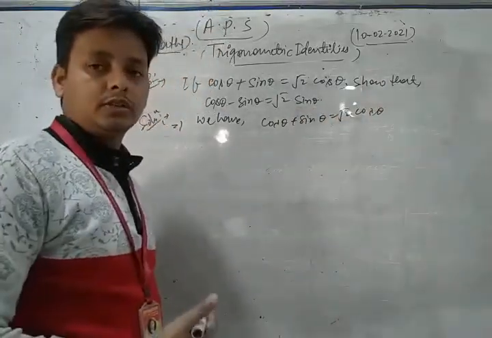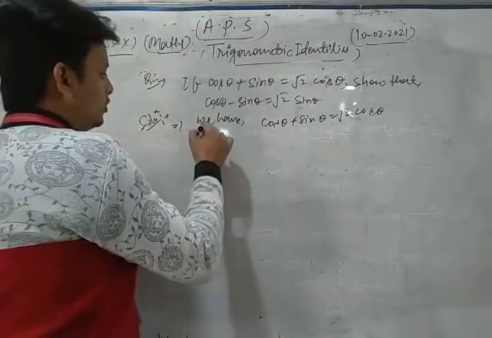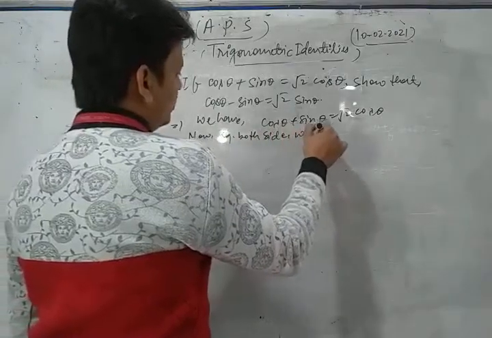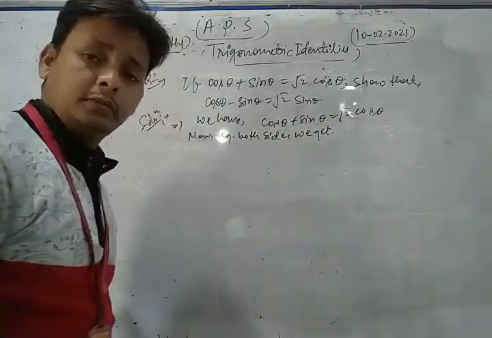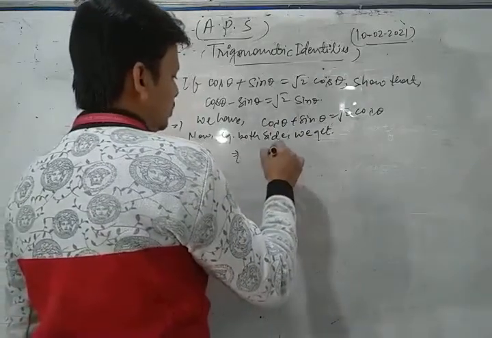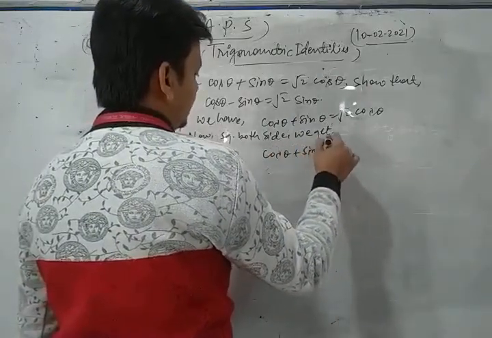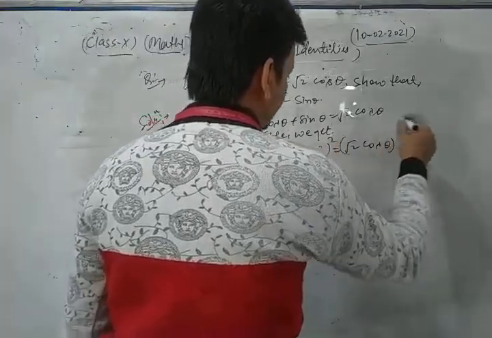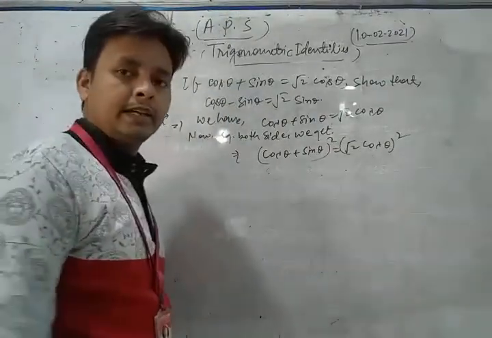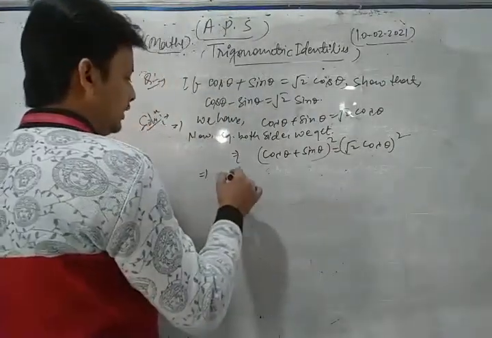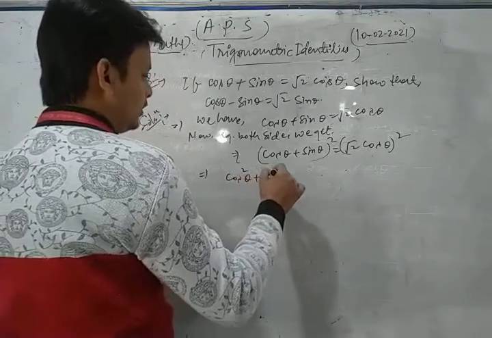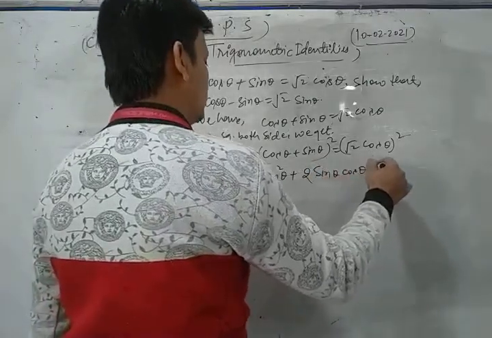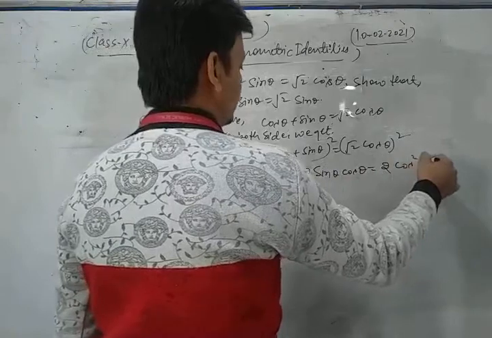Now we square both sides. We get cos theta plus sin theta whole square is equal to root 2 cos theta whole square. We expand the left side based on the identity a plus b whole square, so we write a square plus b square plus 2ab is equal to root 2 square, which is 2, into cos square theta.